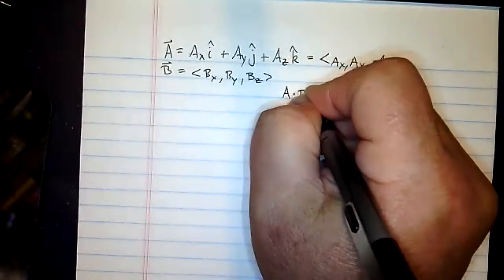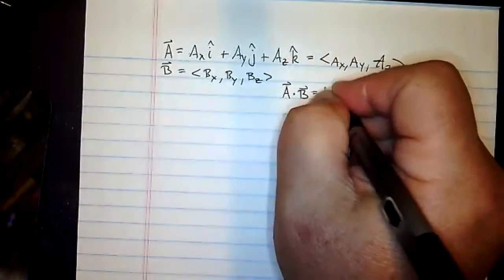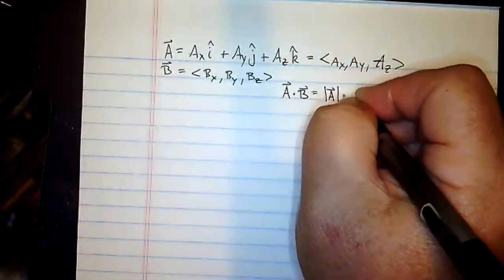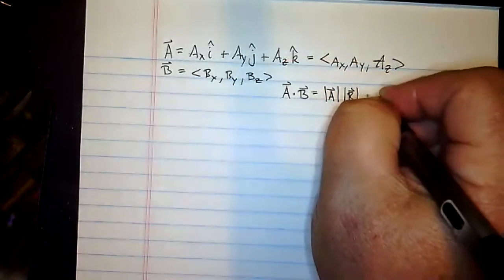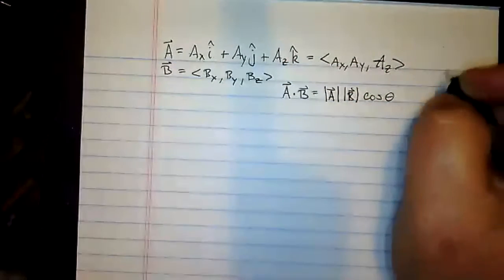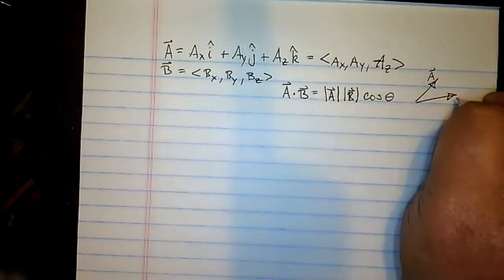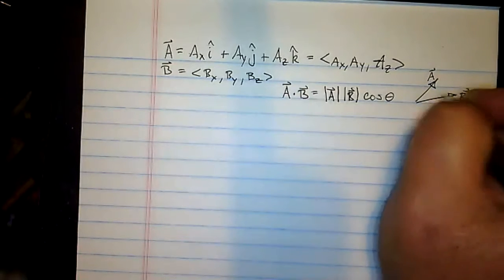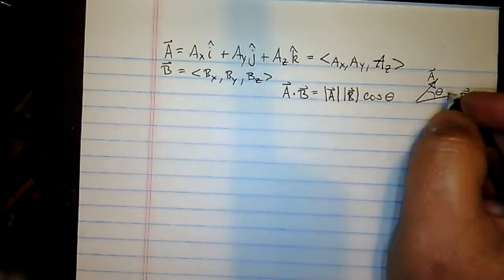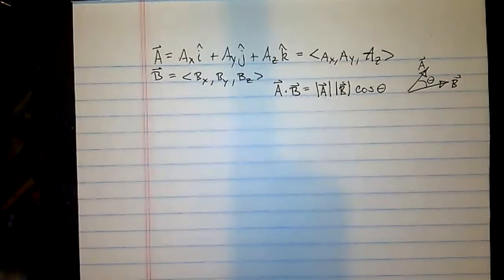A dot B is equal to the magnitude of A times the magnitude of B times the cosine of the angle between them, and theta would be there, where A and B are, of course, tail to tail.